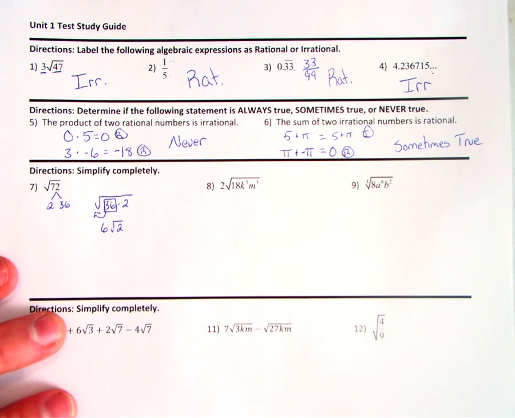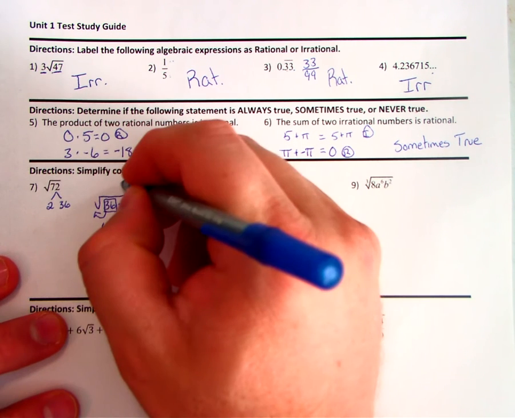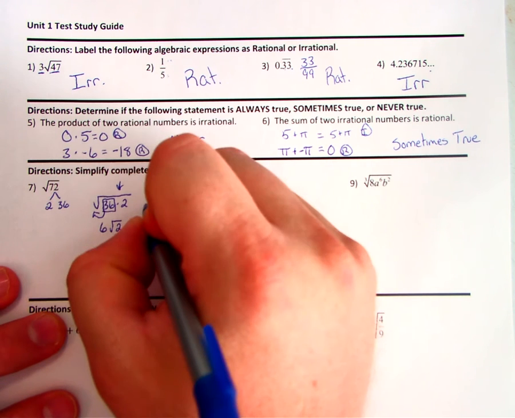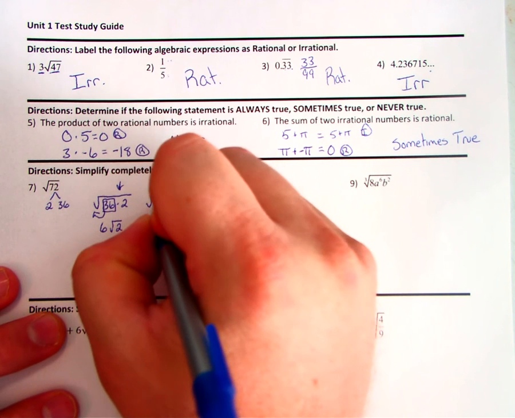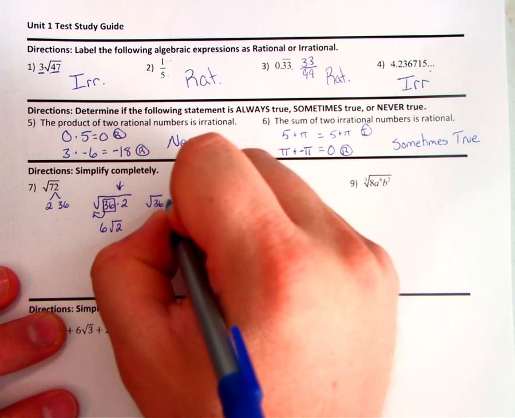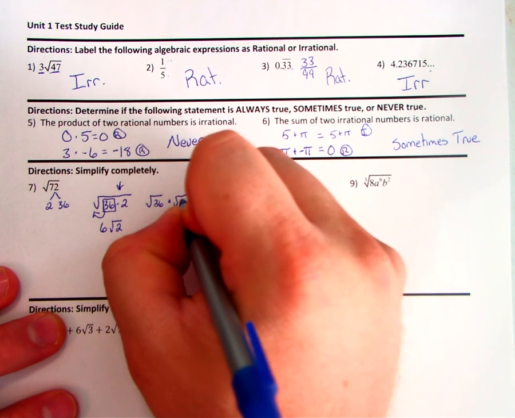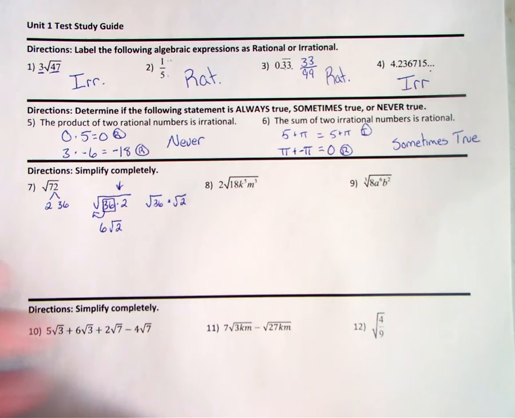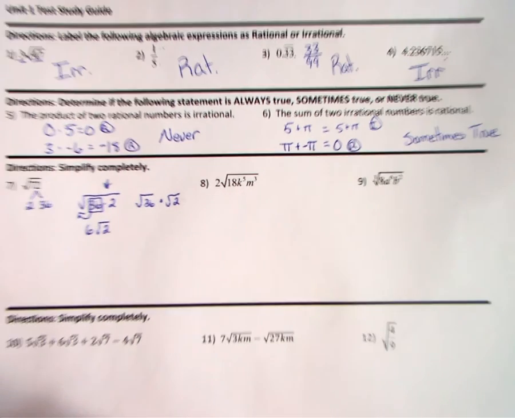Now, if it makes more sense to you, these two values are getting multiplied together. We can certainly break this apart to represent them getting multiplied together: the square root of 36 times the square root of 2. And then we just simplify each individual radical.